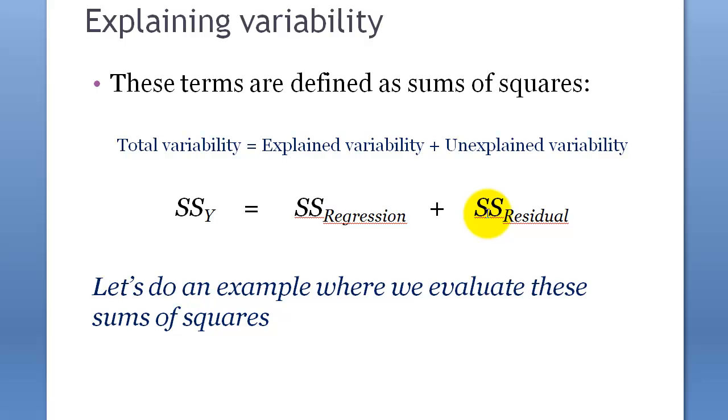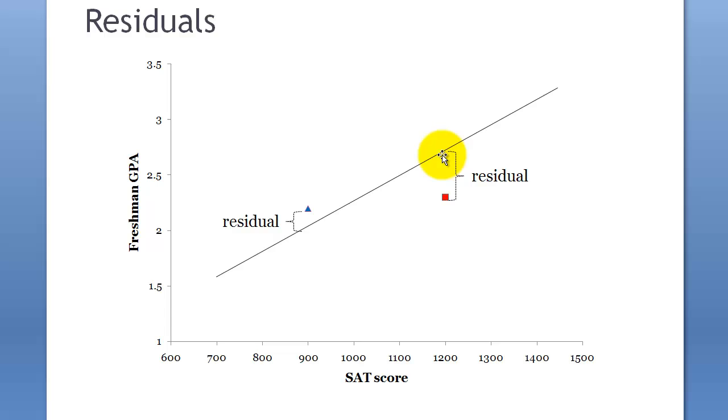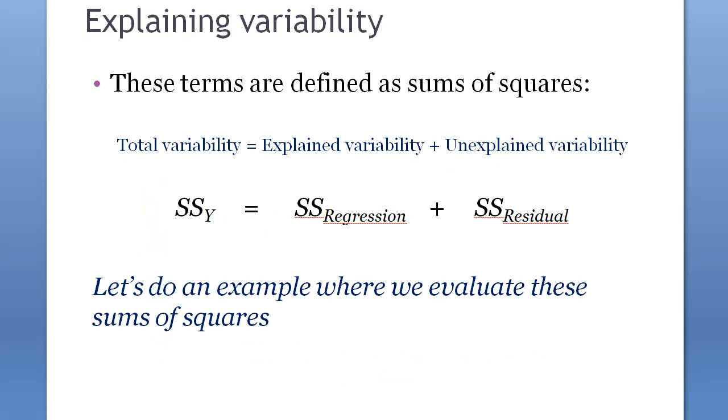And the total variability is a combination of the sum of squares for residuals plus the sum of squares for explained variability, which is these lines. How much variability exists on this line, and how much variability exists in here. Let's see an example to get a better understanding of this.